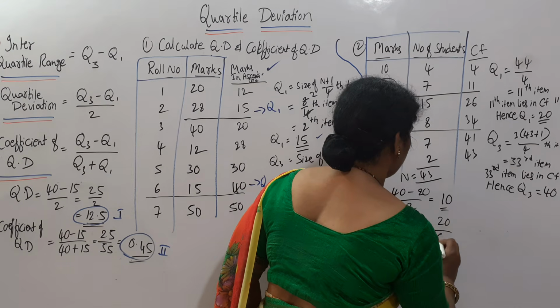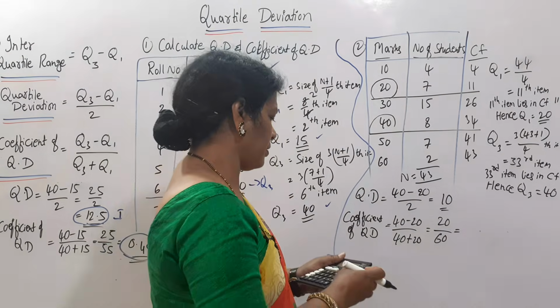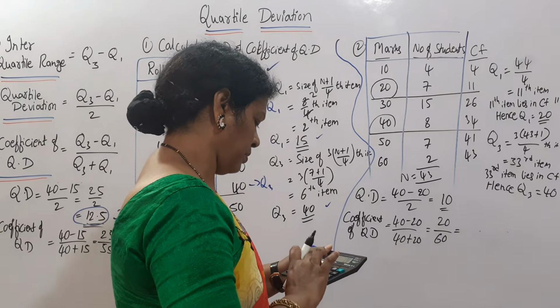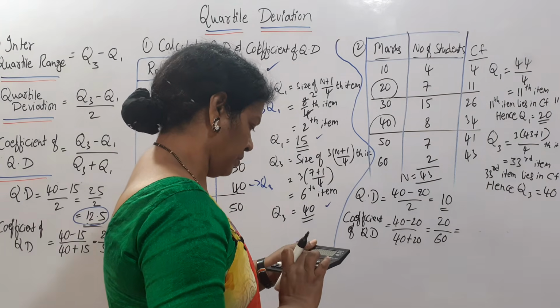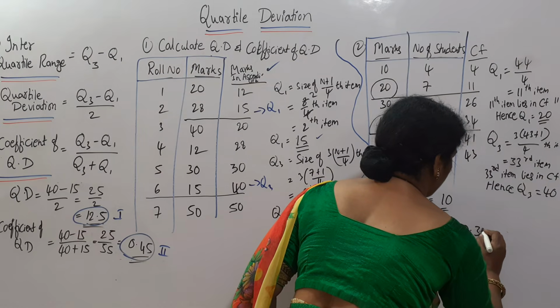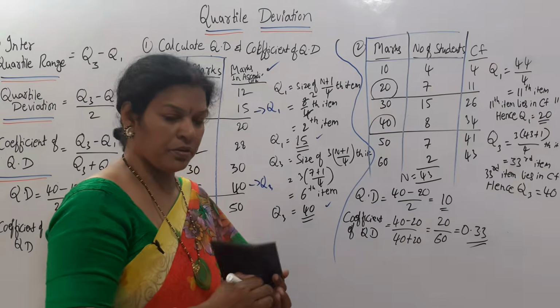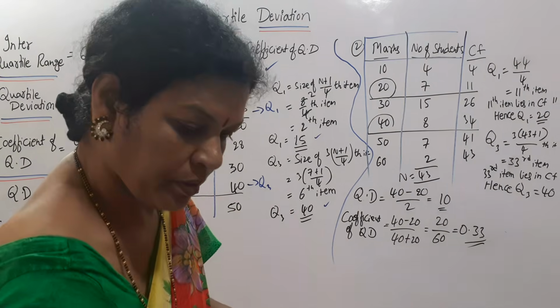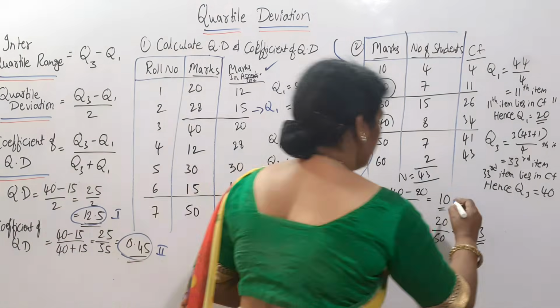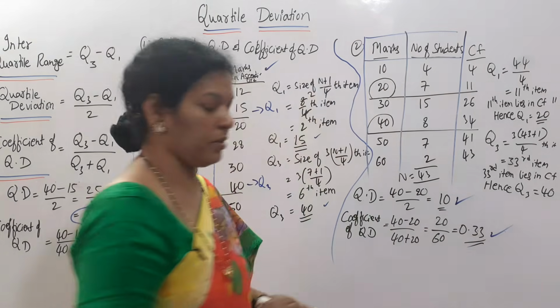Then 40 plus 20 is 60. 20 divided by 60 comes to 0.33. So, this is coefficient of quartile deviation. Okay. QD is 10. Coefficient of quartile deviation is 0.33.